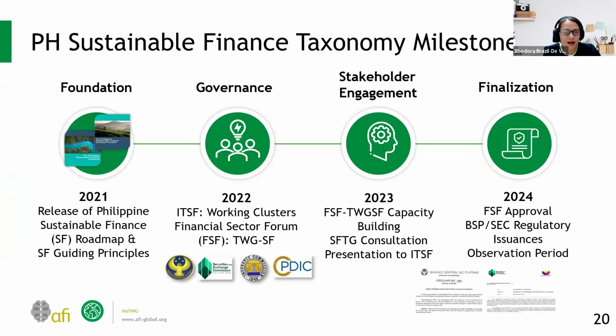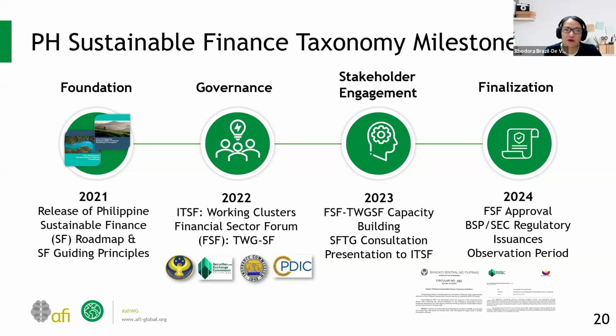Okay, thank you. So this slide shows you what we have done so far through the years, starting from 2021, leading to the issuance of the Sustainable Finance Taxonomy Guidelines of the Philippines. So let me highlight some key points here.